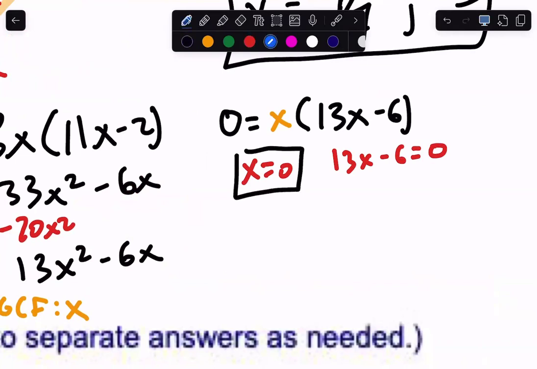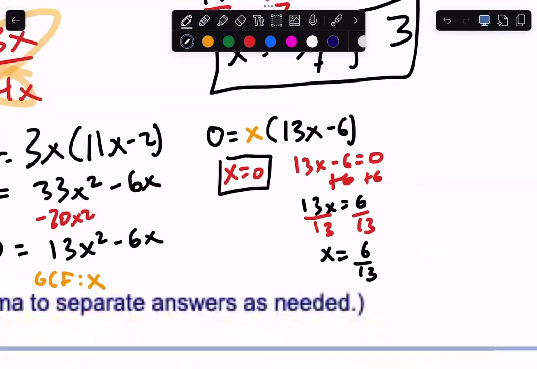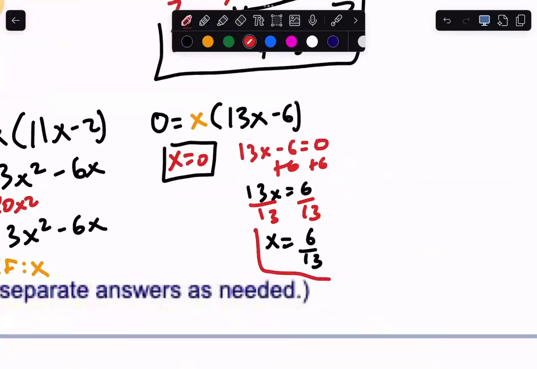But for the other one, you have to add 6 to both sides. 13x equals 6, divide by 13. x equals 6 over 13. So that's the other answer. So you have two answers, 0 and 6 over 13.